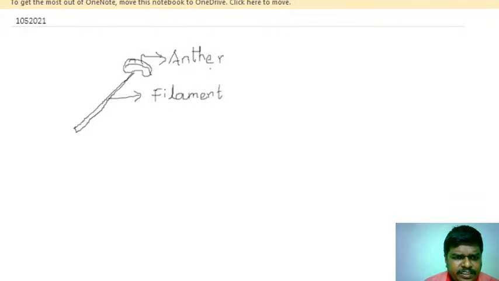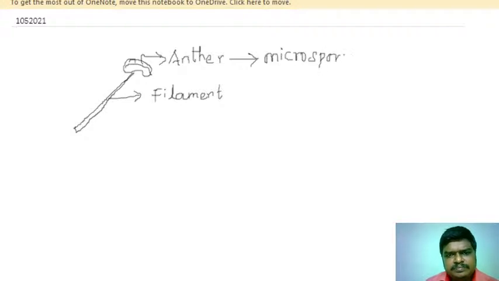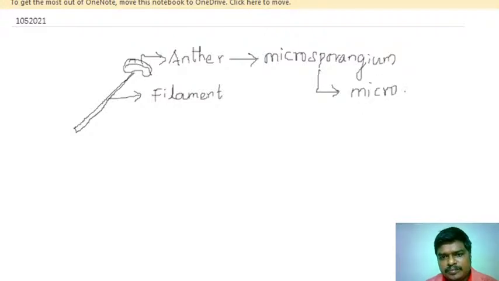This anther is a very important part, because it contains microsporangium. What is this microsporangium? This is the mother cell. The microsporangium is the mother cell that produces the microspores.